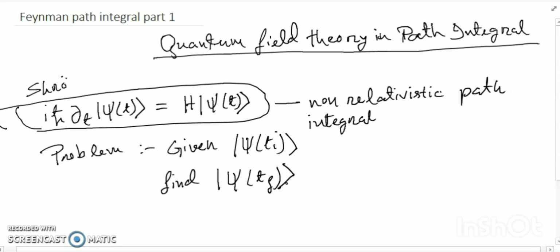Okay, so the goal is to find the time evolution, which means that given the state vector at some initial time and final time tf. Now this is intrinsically non-relativistic because time is playing an explicit role. Okay, time is non-relativistic. Why?